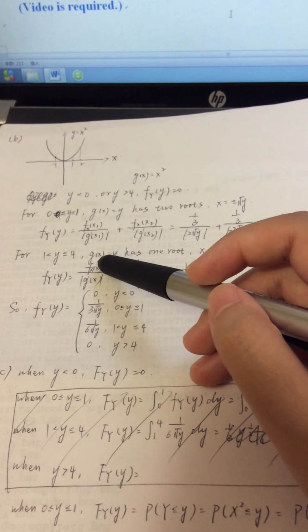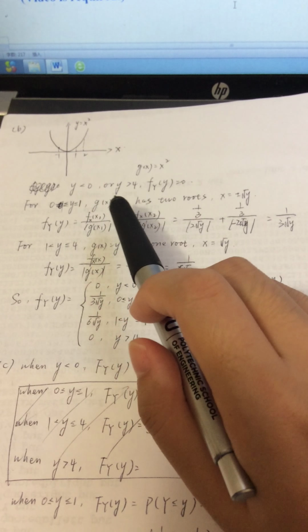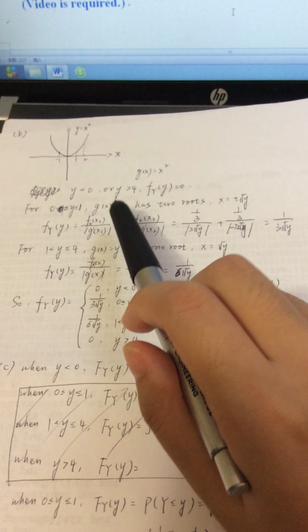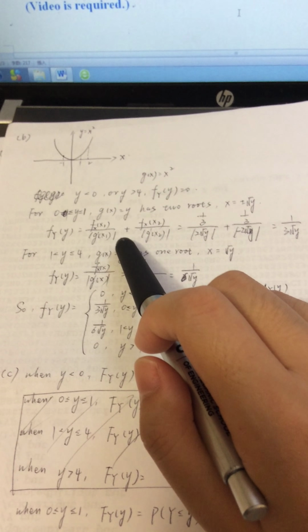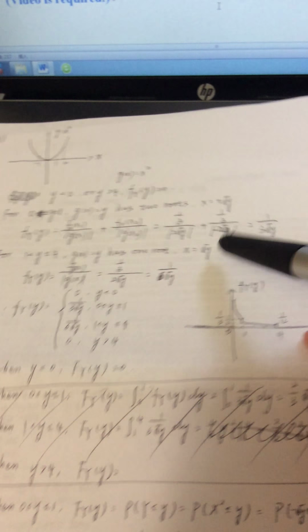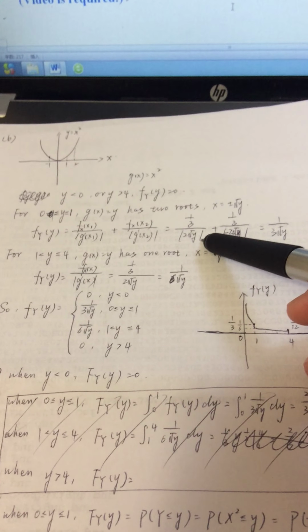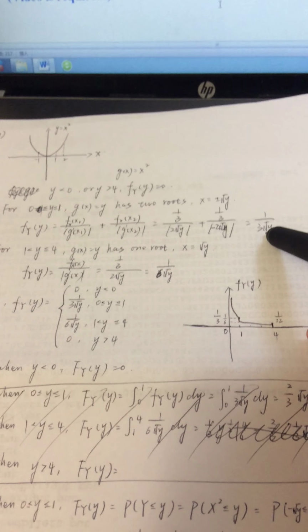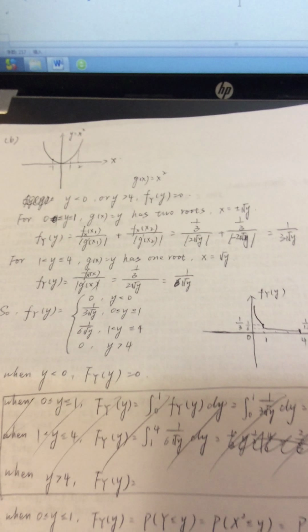Based on the fundamental theorem, f_Y equals the value of f_X over the absolute value of the derivative of g(x). We apply these two roots into the formula, and then we get the final value, 1/3 times the square root of y.